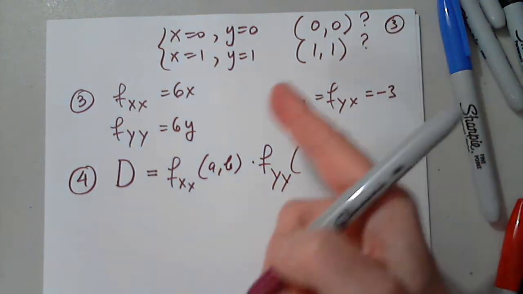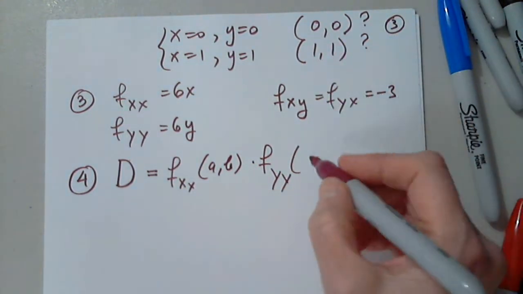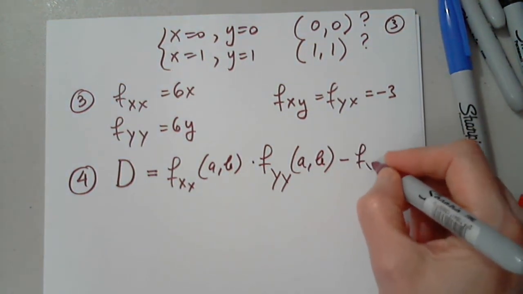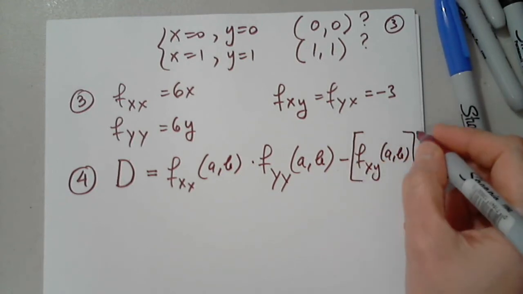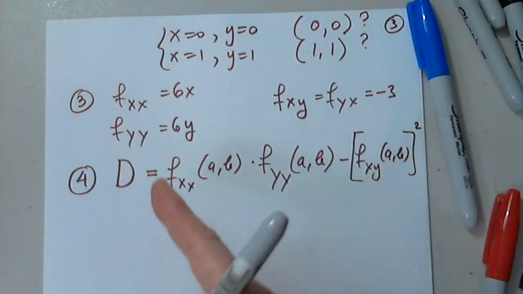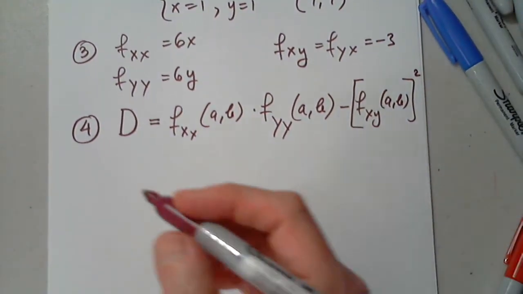First I check the first point if it's a max, min, or nothing. Then I check the second point. So fxx at (a, b) times fyy at (a, b) minus fxy at (a, b), but this has to be squared. For the first point, I determine D. For the second point, I determine D. So let's do that, and then I'll show you the conclusion.